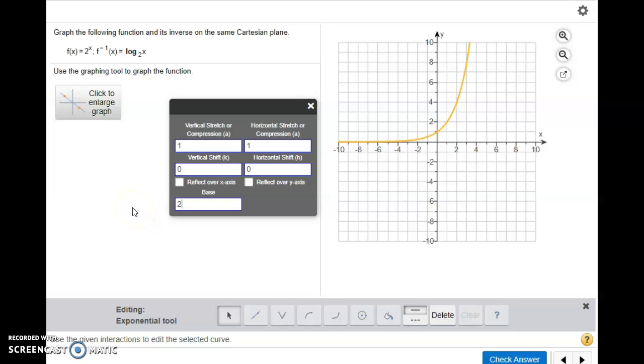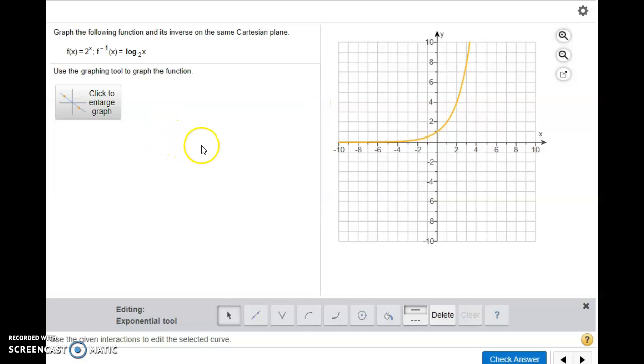Now I want to graph the inverse of that. To do that, I need to graph a logarithmic function. So that is the tool next to exponential with the curve opening down. Since it is a logarithmic function, it's the opposite domain and range.